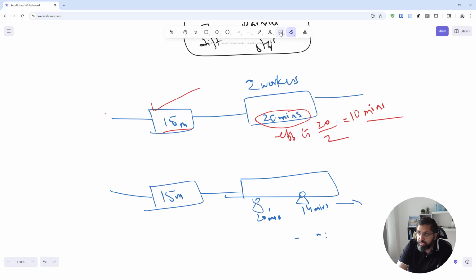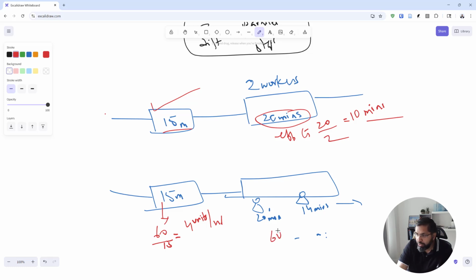So what you do in this type of situation is you compare the capacity. Capacity here is 60 over 15, which is 4 units per hour. And the capacity here is going to be 60 over 20 for this worker plus the capacity for this worker, because they both are in the step, they can work in parallel.